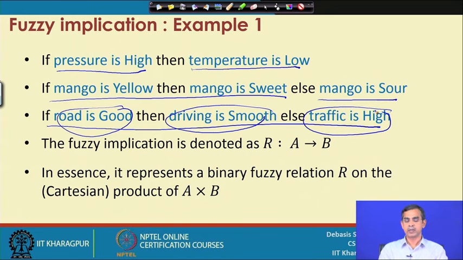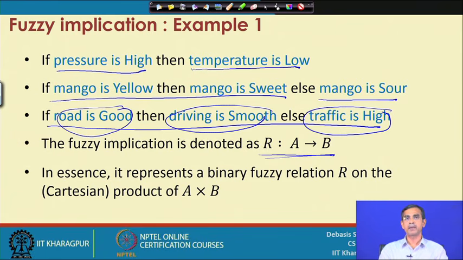So far as the notation for representing a fuzzy implication is concerned, it is usually represented in this form. R represents a fuzzy rule, and if it is if x is A then y is B, it is represented as A implies B. That is why it is also called fuzzy implication.